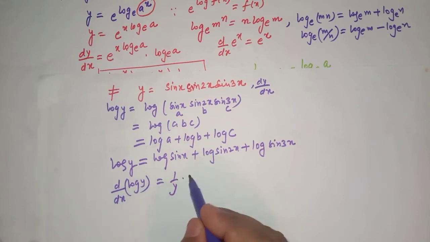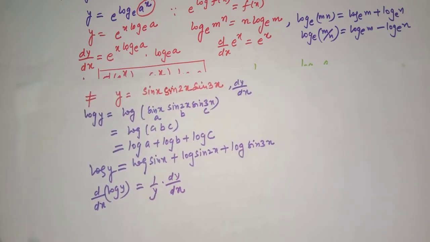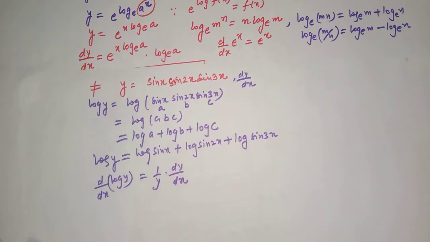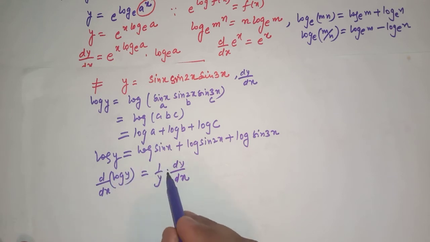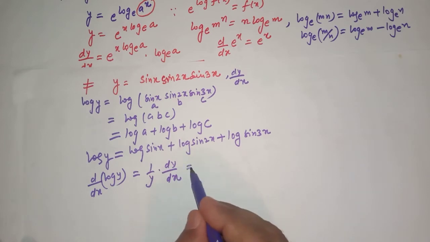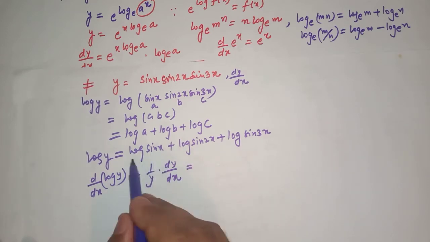Then by applying the chain rule, we have dy over dx. Okay? So always remember, the derivative of log x with respect to x is 1 over x, but the derivative of log y with respect to x is 1 over y dy over dx. Clear? So here we'll apply the formula.